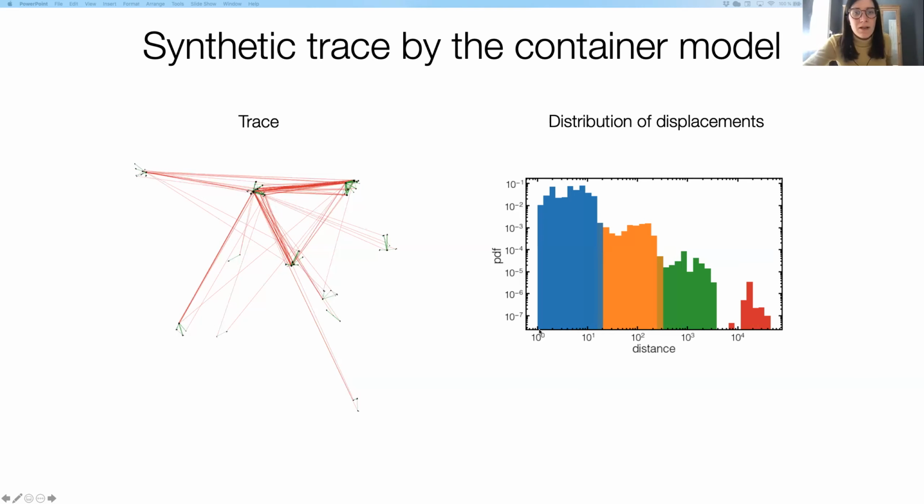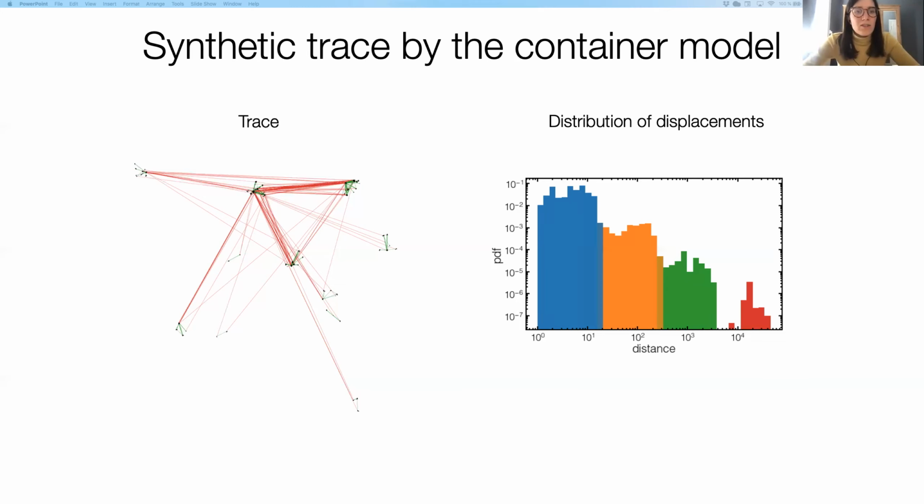So some displacements, the blue ones, occur at the lowest scale, and then other displacements occur at the highest scale, so the red ones. So you can think of the red displacements as between countries, and the blue displacements as within your building, right? So we can color each displacement.